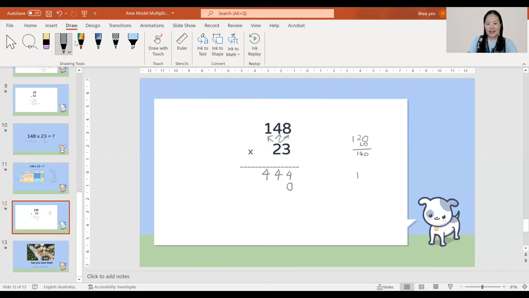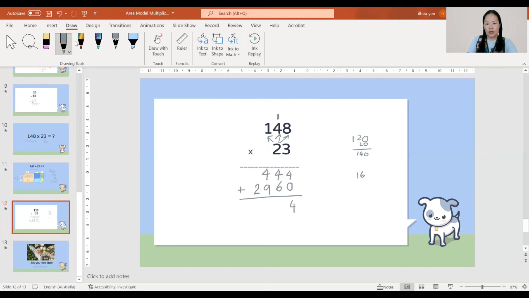So that'll be 16, right? So I'm going to put 6 there and put 1 in here, which is 10. 2 times 40, which is 80, and the plus 10 is 90. So I'm going to put 9 there. 20 times 100 is 2,000. So it's 2,960.